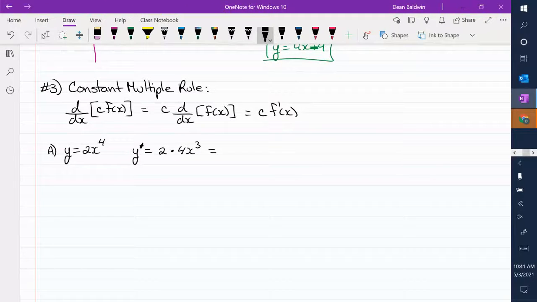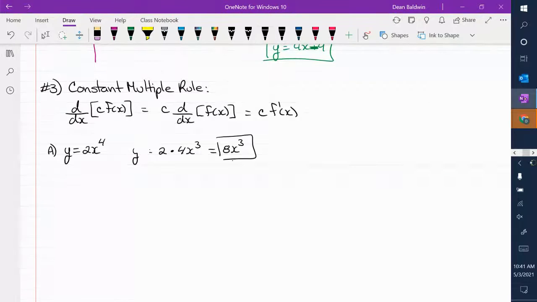And then you just multiply the 2 and the 4, which you can do in one step, obviously. You don't have to do this in 2 steps. So you can just write 8x cubed. Is that okay? All right.